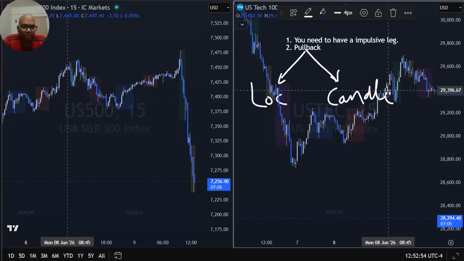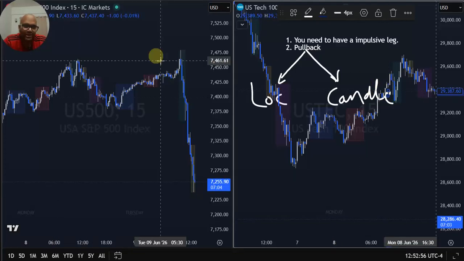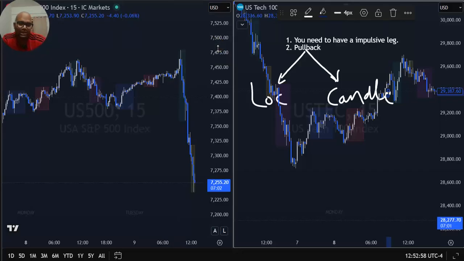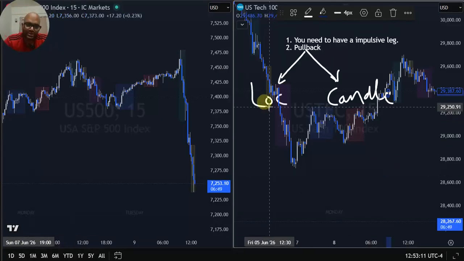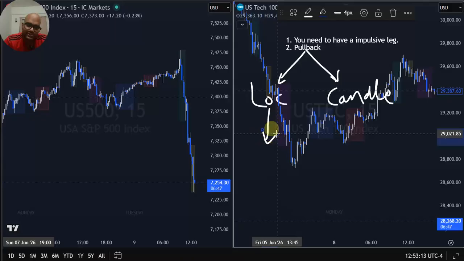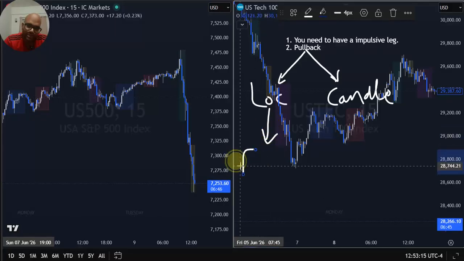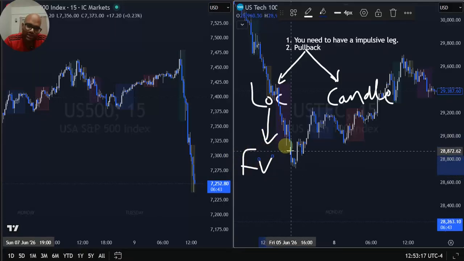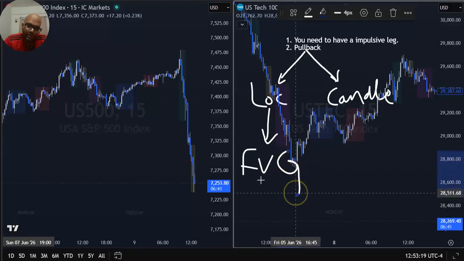And one more thing that I forgot to mention was that we are using only the 15-minute time frame so that we are not rushing the trade and we are not entering the trade in FOMO, or fear of missing out, right? So what is the location? Location is FVG, 15-minute FVG, no other time frame, right?